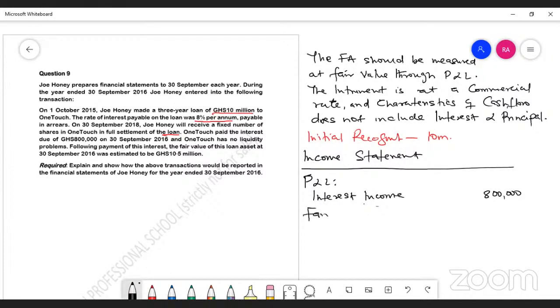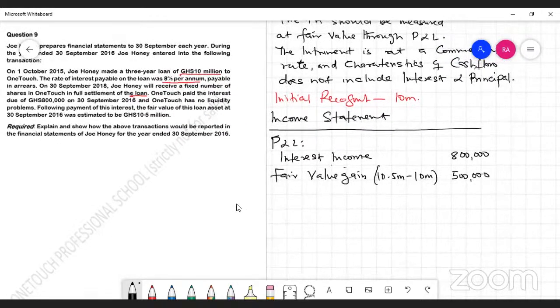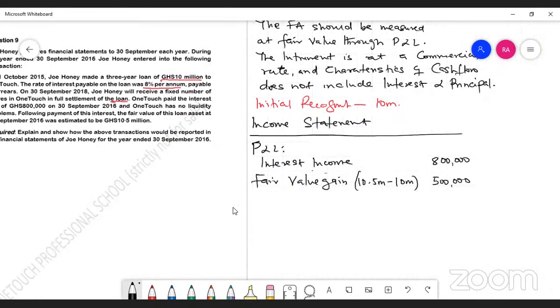Then there was a fair value gain, that is 10.5 million minus 10 million. That will give us 500,000. Statement of financial position.